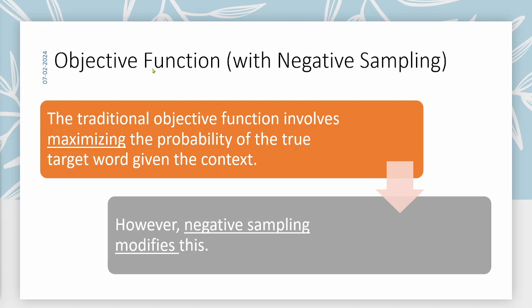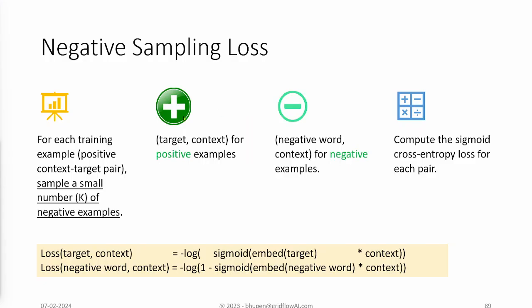The objective function changes a bit with negative sampling. The traditional objective function is maximizing the probability or minimizing the error. But here we have two different classes, so we have to look at the loss function: the loss function for the target and the context, and the loss function for the negative word and the context. Here the negative word has been given a label of 0, so we construct the loss like 1 minus the sigmoid.